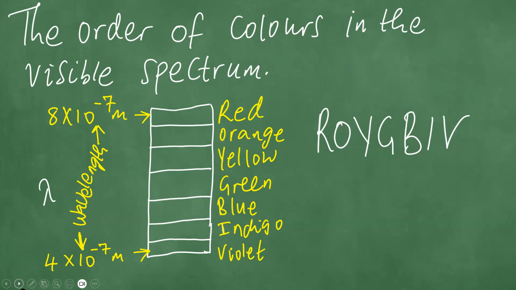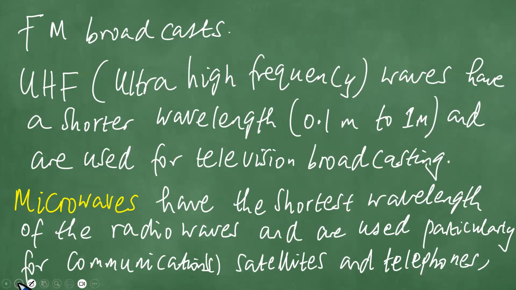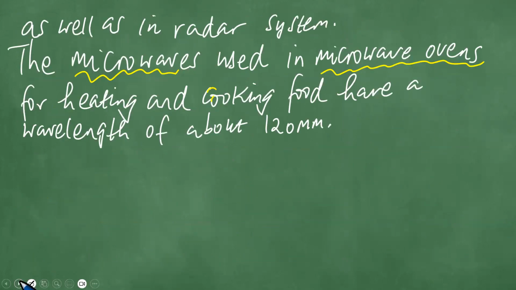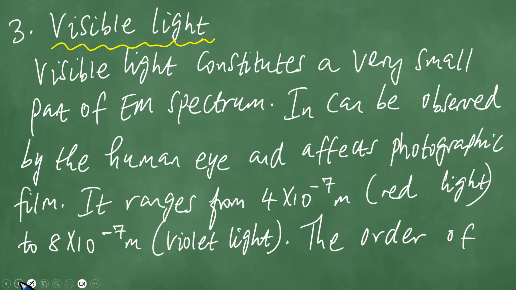So this is the correct one. See what was written here. Need to just check. Okay, because now obviously looking at the red, I want us to just make mention of the fact that the red is at 8 and the violet is at 4.